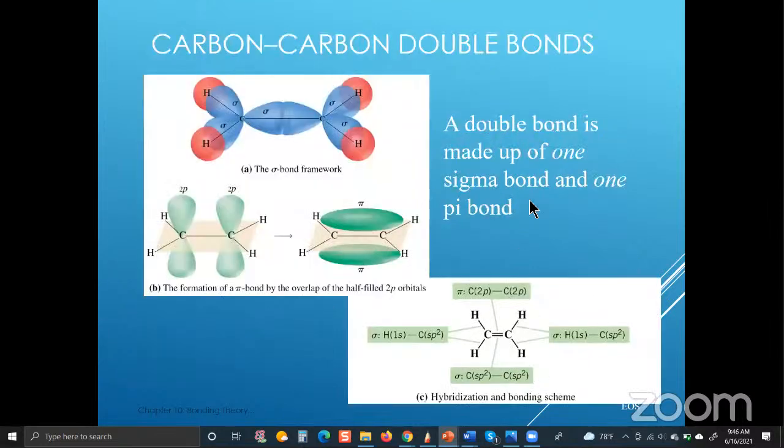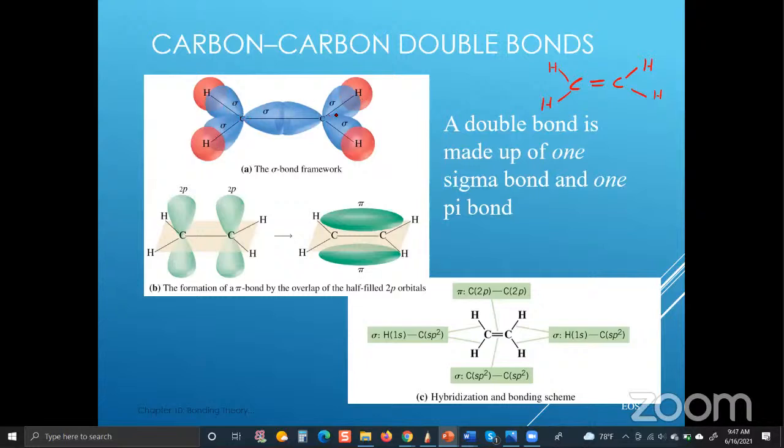Now, what this is showing you here is the framework for the molecule ethene. Let me draw the Lewis structure of ethene over here. It is C double bond C, with H, H, H here, and H here. As far as the carbon to hydrogen bonds are concerned, these are all sigma bonds.